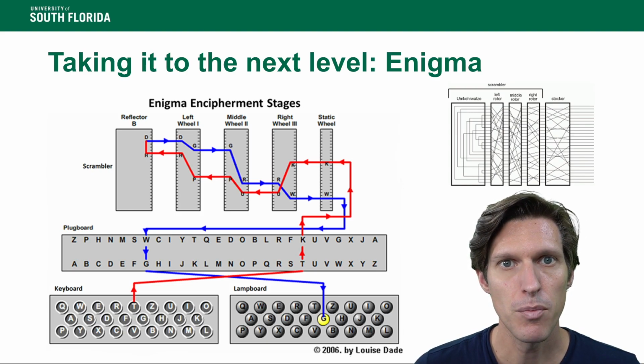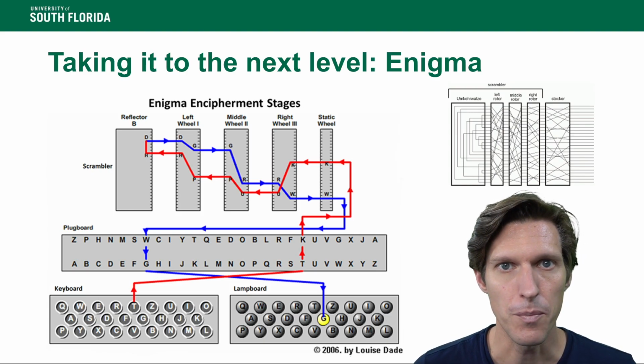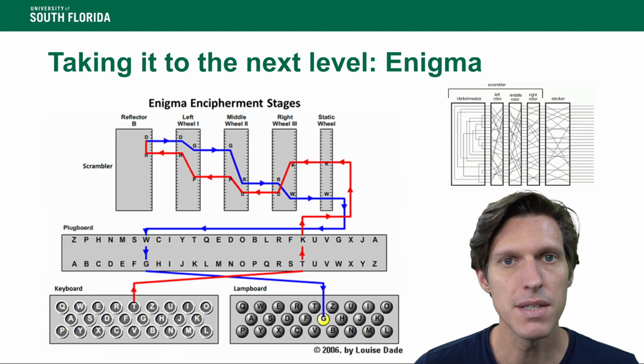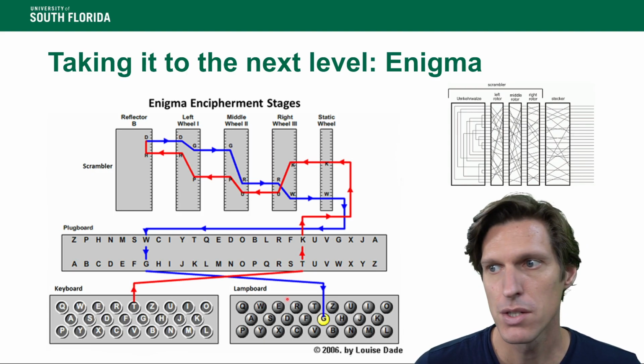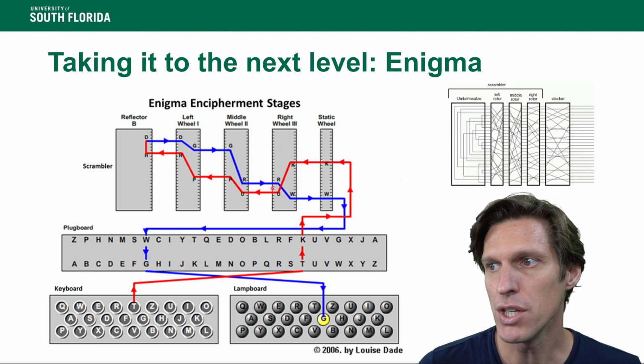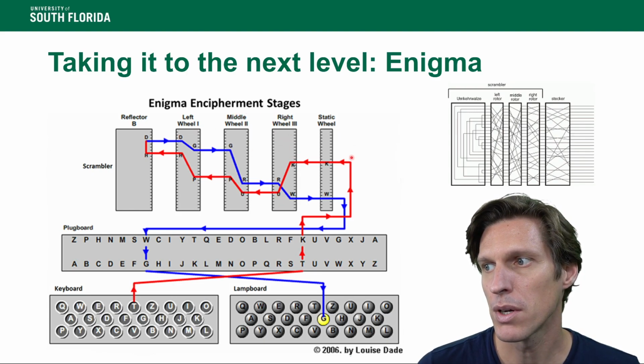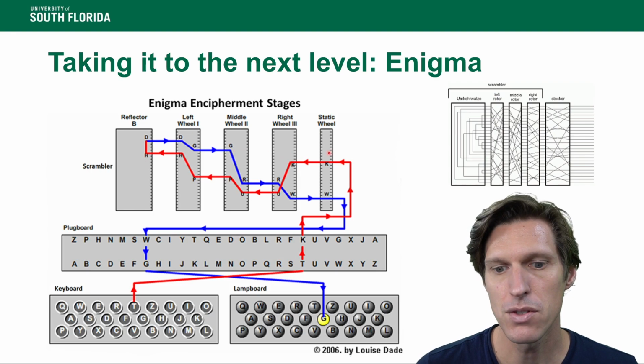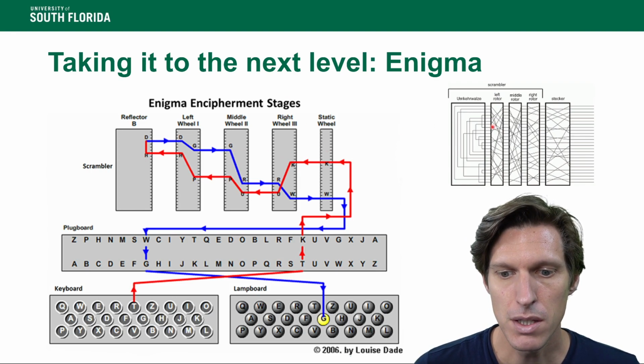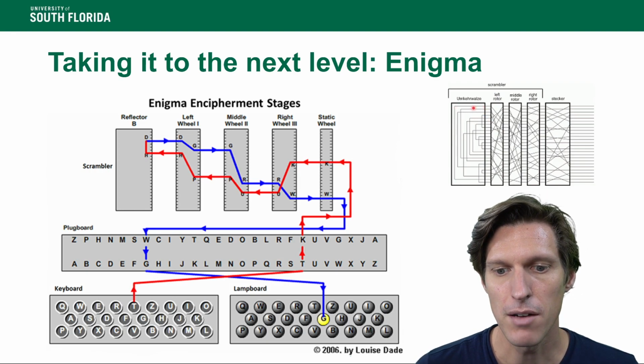Now, instead of applying one set permutation to the whole text, the Enigma machine applies a sequence of permutations. There are wheels in the machine, 1, 2, and 3, plus other parts, and the beginning and the reflector have wiring.